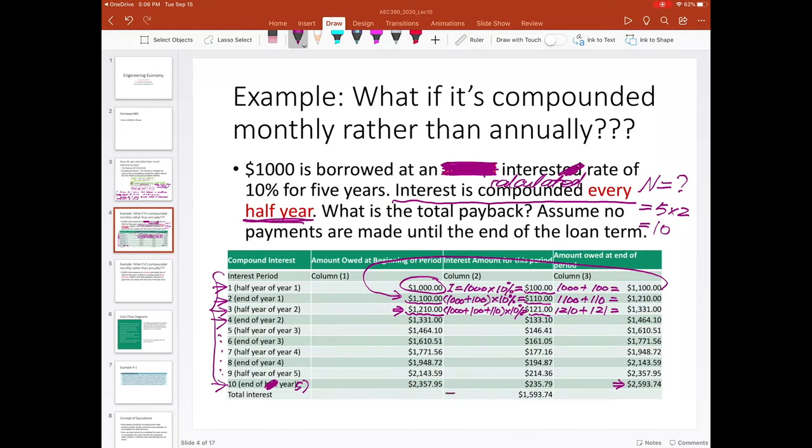Okay, and then if you want to know your total interest, that will be the sum of the column, this column.